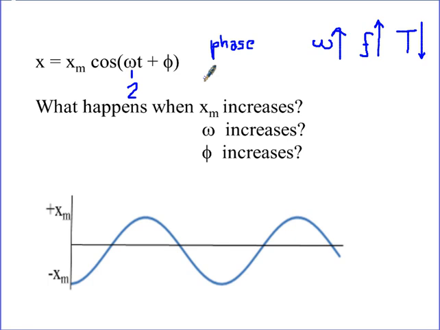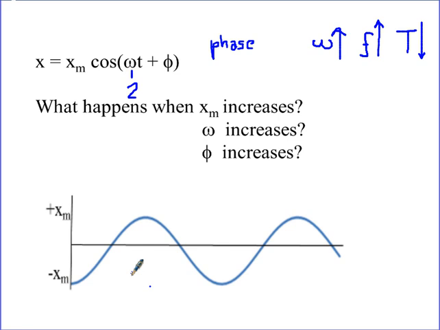In fact, doubling omega would make the period half as long, the time for a complete cycle. And so what would happen if you doubled omega is this would get through a cycle. Here's a complete cycle from here to there, and it would do it in half the time.